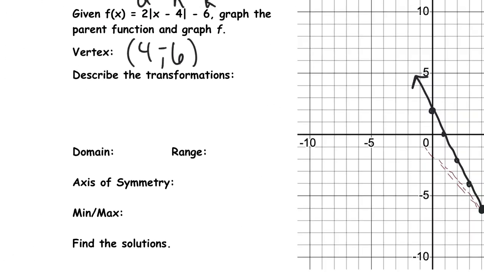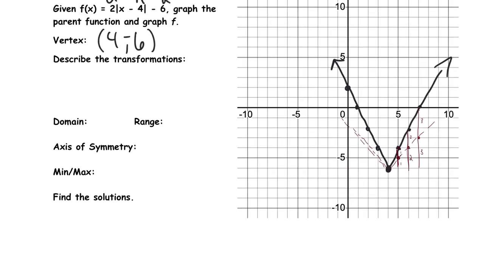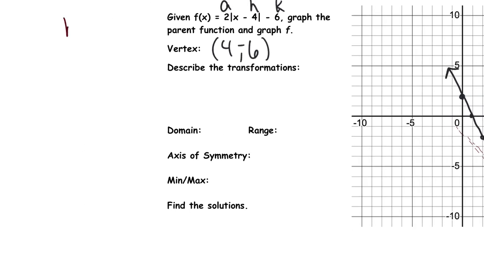So that's what our A value does. It's either going to stretch or compress. Okay, so now we have to write about it. Here are your choices. I always do B, H, A, K. That's my order. Doesn't mean it's the only order, but there are certain things that have to happen. When you do just order of operations, don't you always multiply before you add and subtract?